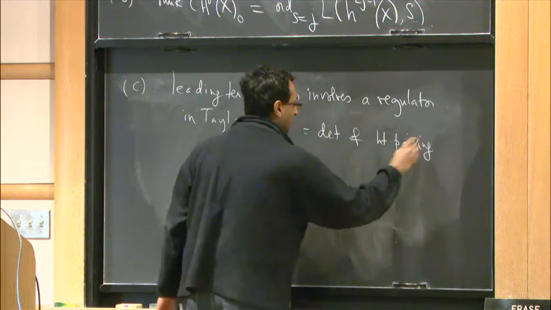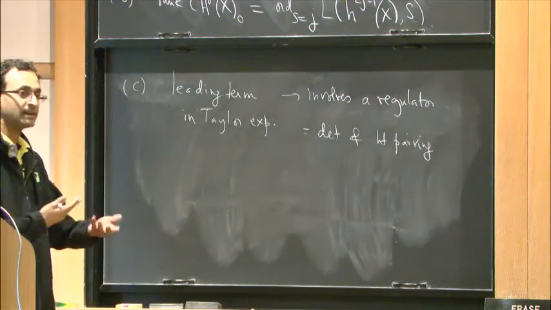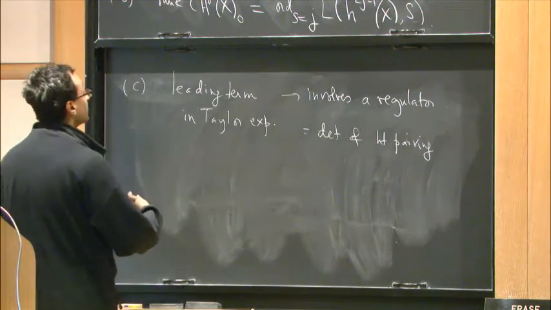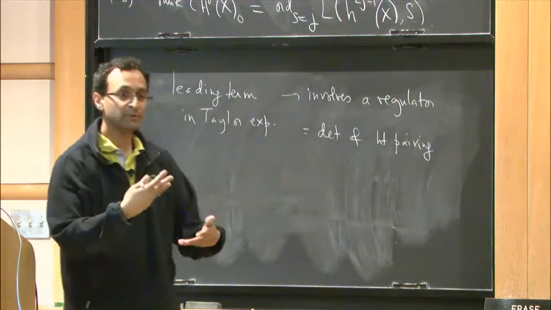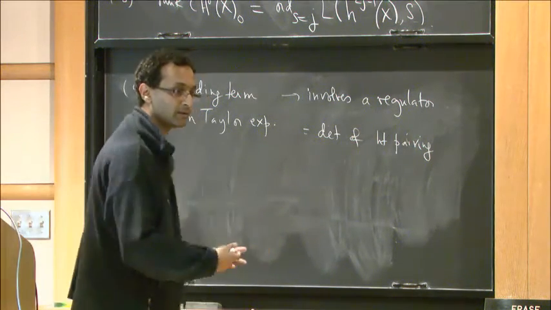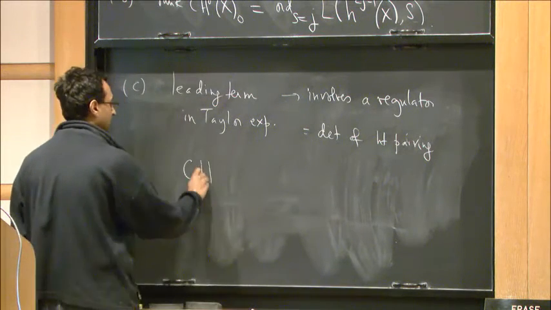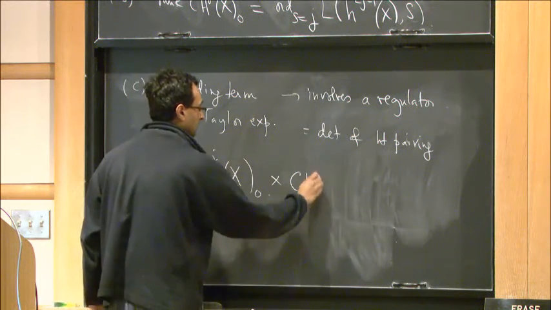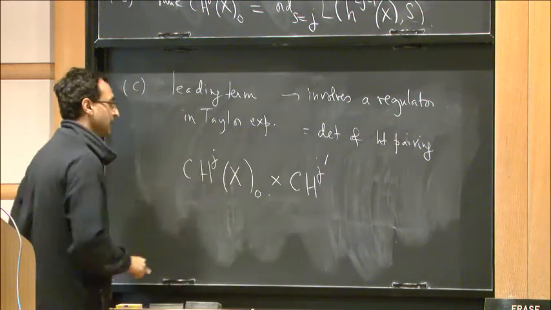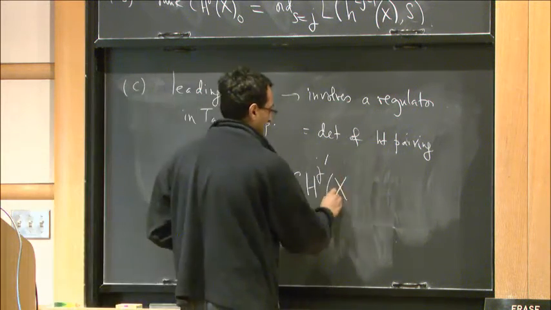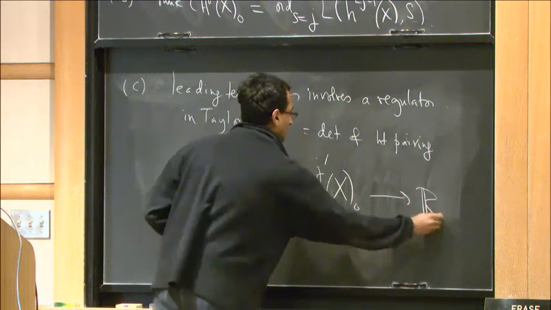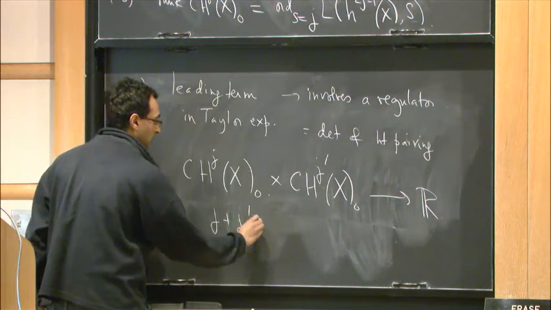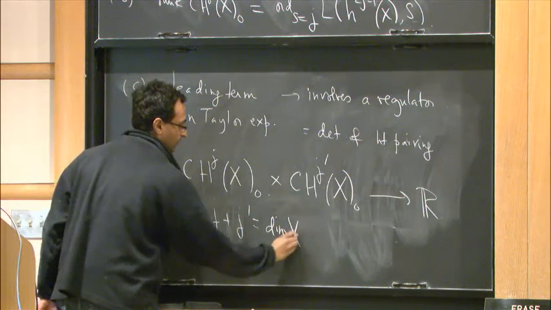But now one has to be careful because the height pairing is a kind of arithmetic intersection. So if you're not in the middle arithmetic degree, then this is going to be an arithmetic intersection between cycles of complementary arithmetic degree. So the height pairing will be from CH^j × CH^j', where j plus j' equals dimension of X plus 1.